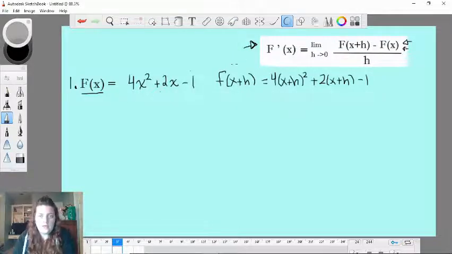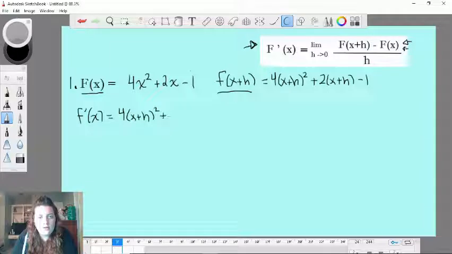Okay, now let's plug this into the formula. So we have f prime of x equals f of x plus h, so 4 times x plus h squared plus 2 times x plus h minus 1. And then you also have to subtract f of x. So f of x is right up here.